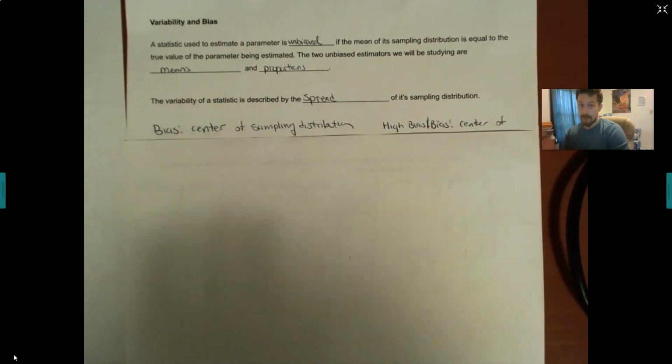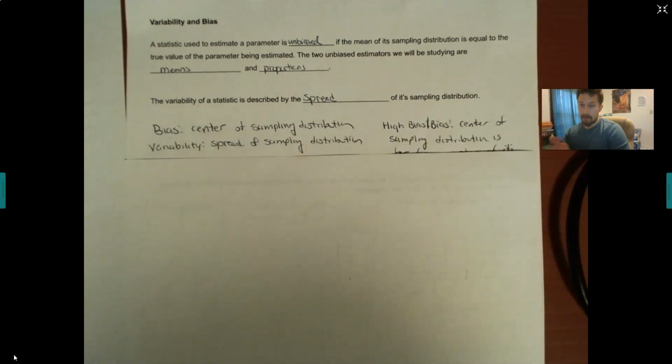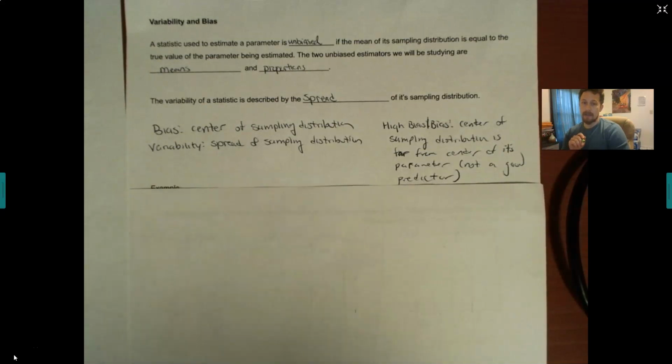Mean is a measure of center. And when we're looking at variability, we're talking about spread. So when we say there's high bias, we're saying the center of the sampling distribution is far from the center of its parameter. It's not a good predictor. Okay? When it's biased, basically, that was like the median. But unbiased would be the mean and proportion.